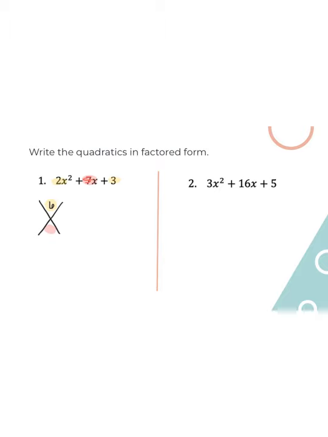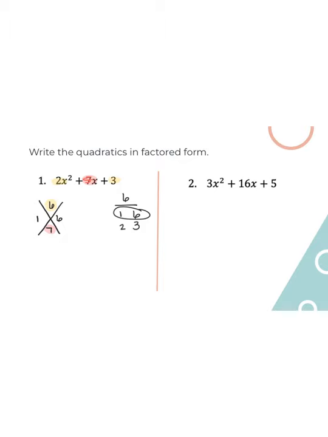So that 7 is going to go right here on the bottom. Then we find all our factors of 6 to figure out what will add up to 7. So I'll put my 6 on the side here, and I know 1 times 6 and 2 times 3. The only way I can make 7 is that 1 times 6. I'm going to take 1 times 6.